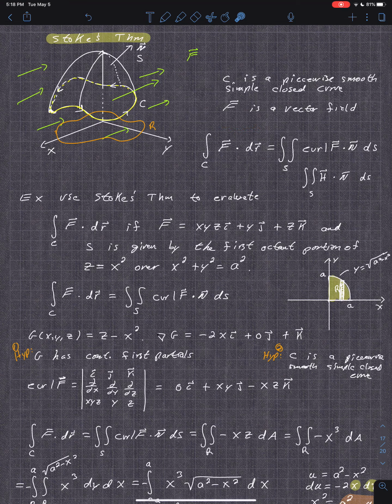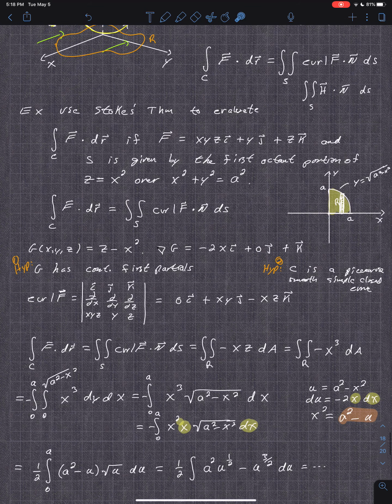So use Stokes' theorem to evaluate the line integral if F is x, y, z, y, and z. And S is given by the first octant portion of z equals x squared over this region. Okay, so let's take a look at that one.